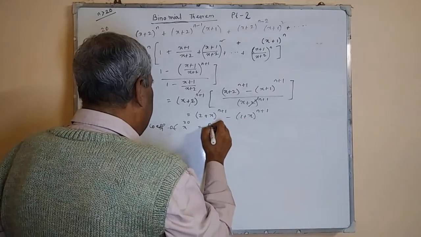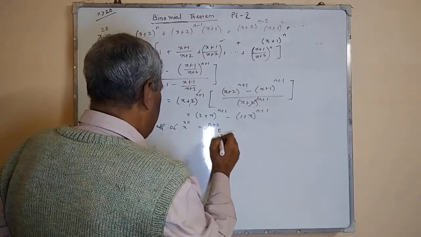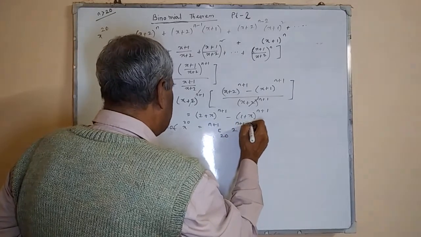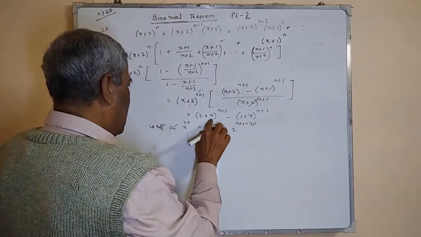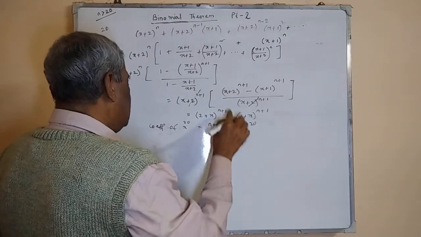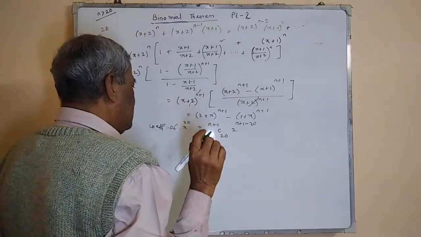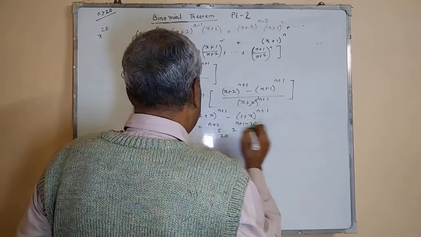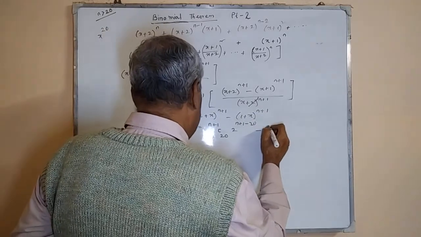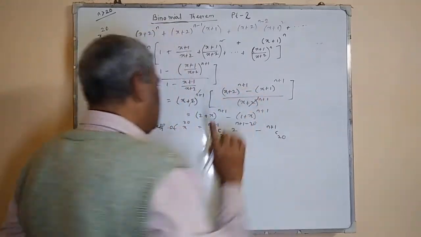So it is equal to (n+1)C20 into 2 to the power (n + 1 minus 20). Its 21st term is (n+1)C20 2 to the power this minus that into x to the power 20, minus the coefficient of x to the power 20 from the other, which is (n+1)C20 into 1. 1 to the power something is 1.